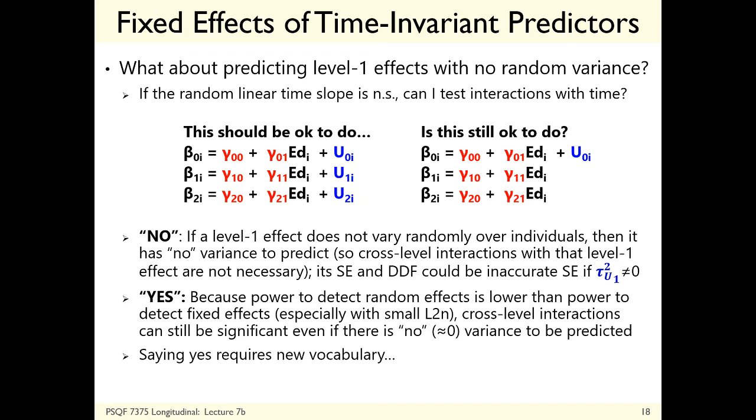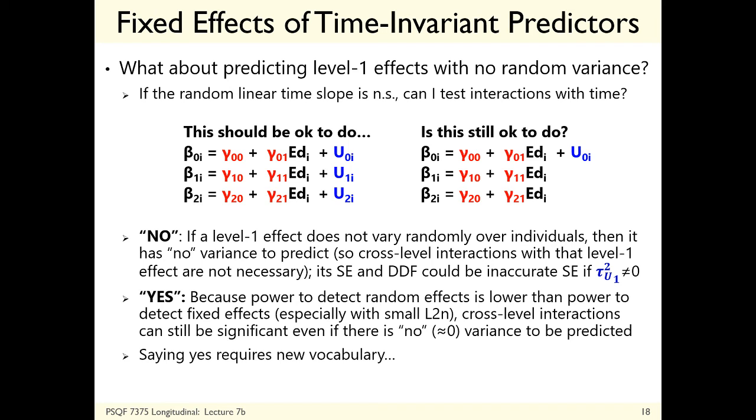That could happen. It's especially likely to happen if people don't change differently, or if you don't have a lot of people and you don't have a lot of power to detect those random slope variances. Then the question is, is it still acceptable to put a level 2 predictor in each of these level 2 equations?